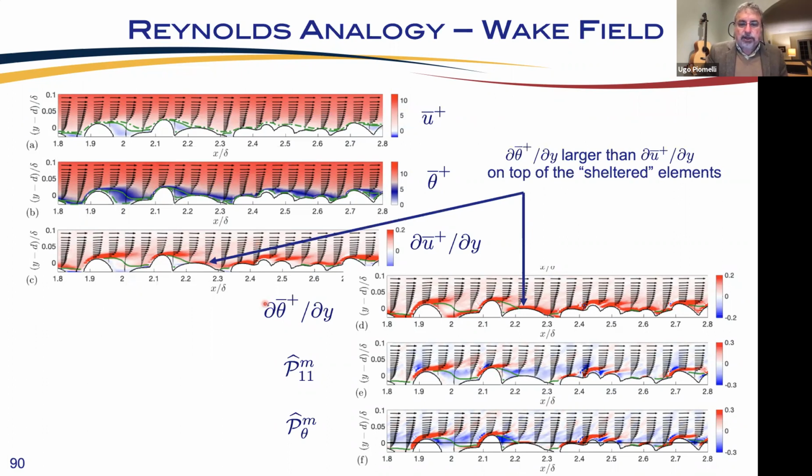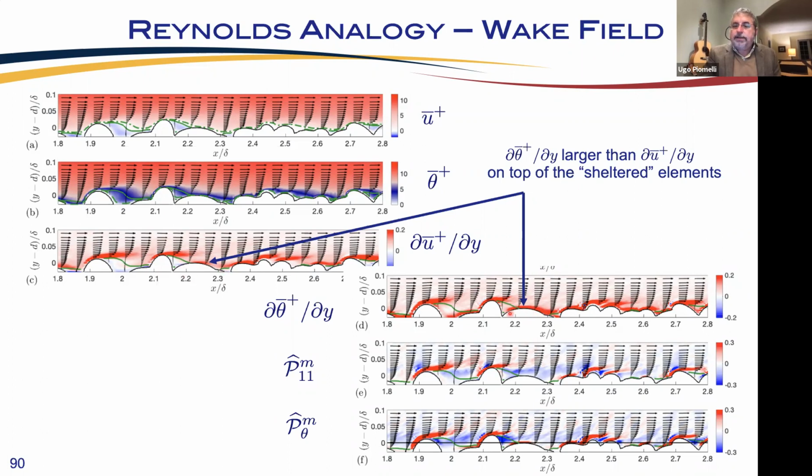But the essential difference is the fact that the velocity gradient is significant only, or more significant, in the shear layers at the top of the tallest elements. The scalar gradient, on the other hand, is very significant even in those elements that are sheltered by the taller ones. So you see a lot of red here in the recirculation regions.